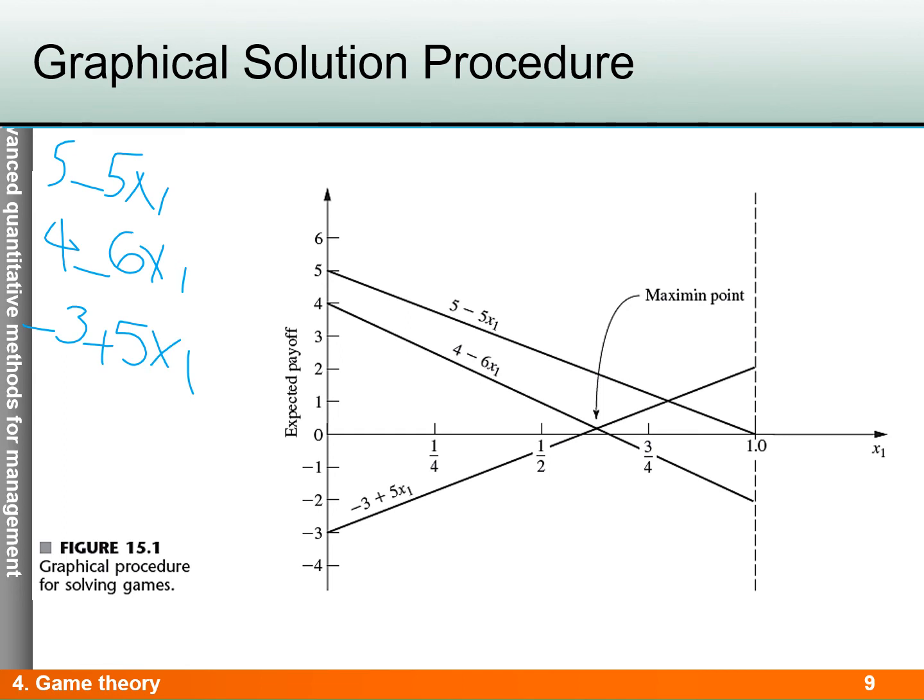To draw them easily in the exam, for a line you need 2 points. It's y equal to something like that, so y equal to 5 minus 5x1. One time you give 0, one time you give 1, you draw the line. It's easy. So these are three lines.